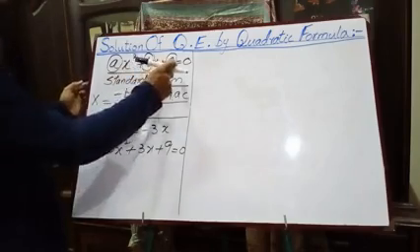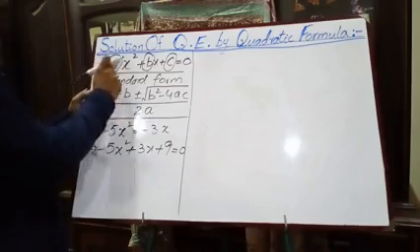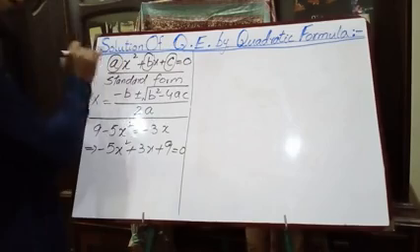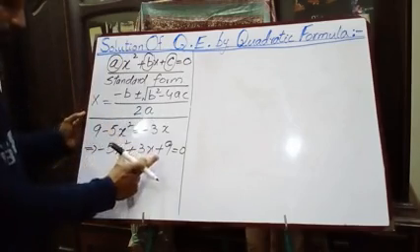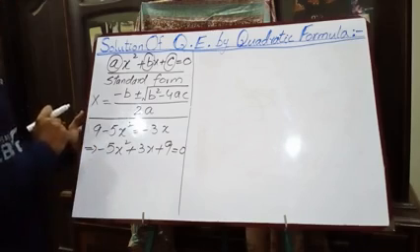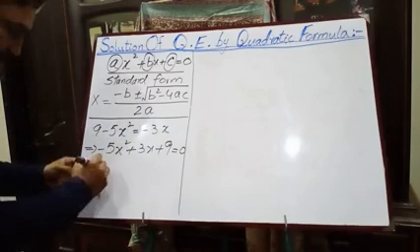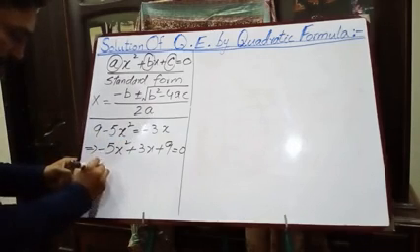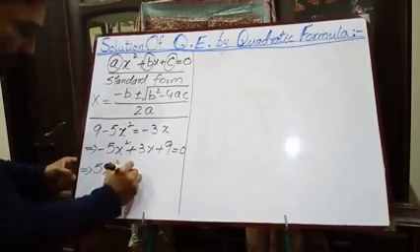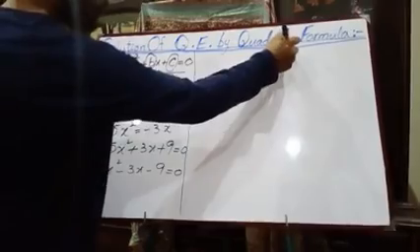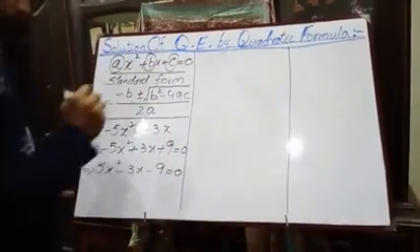Now if you see the standard form, ax square plus bx plus c is equal to 0, the first term is positive, so try to make the x square term positive. So multiply both sides by minus 1. This will become 5x square minus 3x minus 9 is equal to 0.